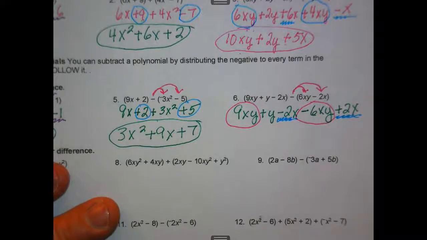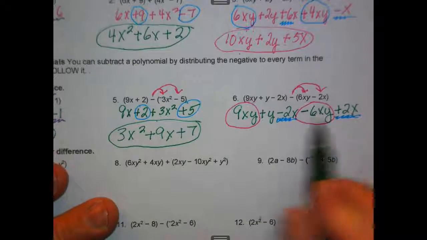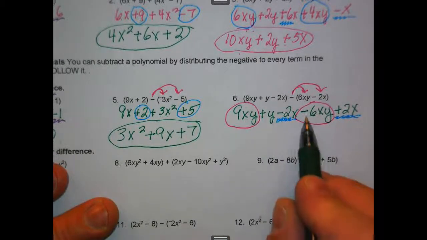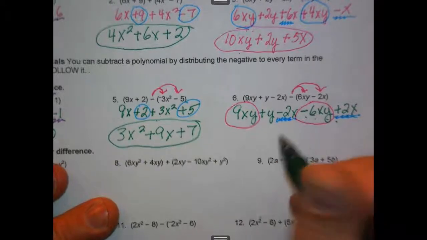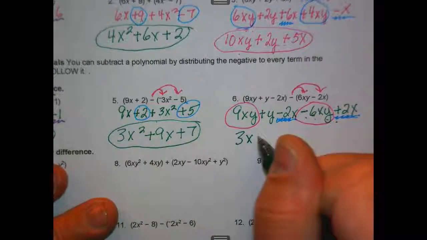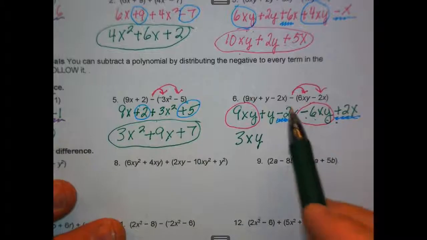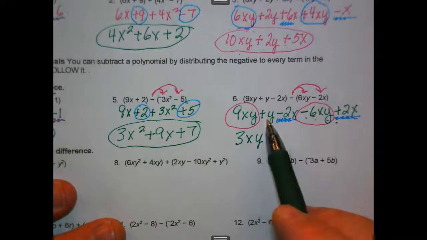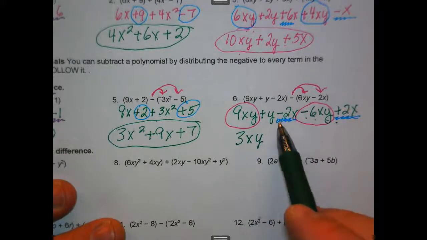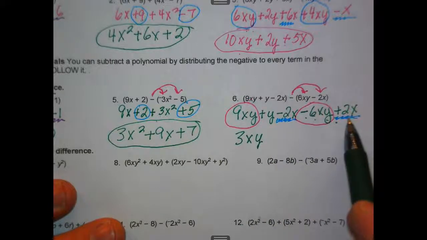All right, 9xy minus 6xy is 3xy. That's my highest degree, right? I have a negative 2x and a positive 2x that cancel out, right?